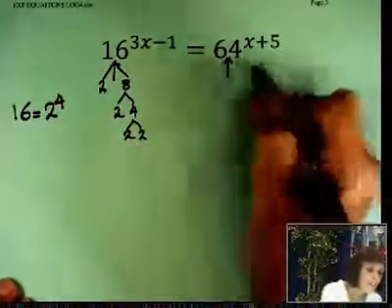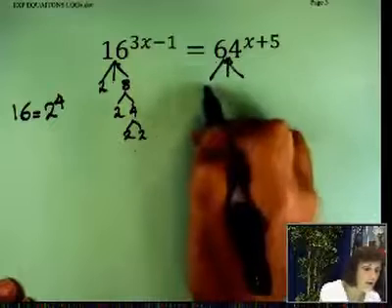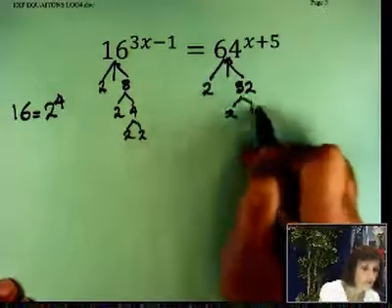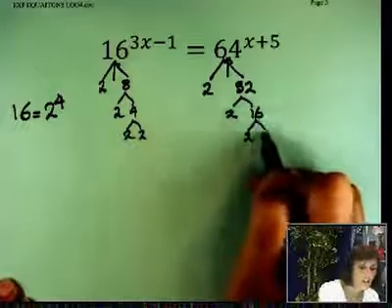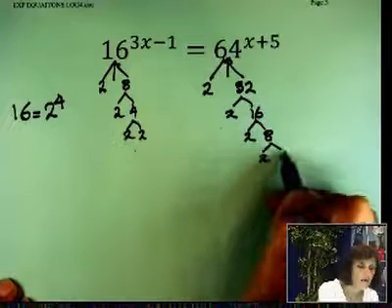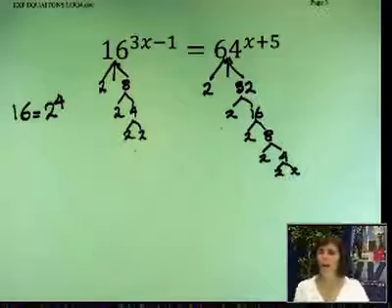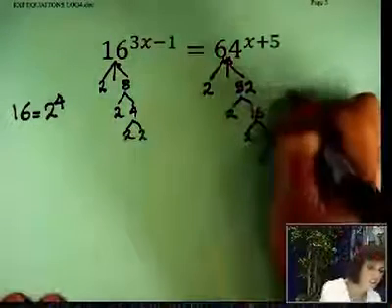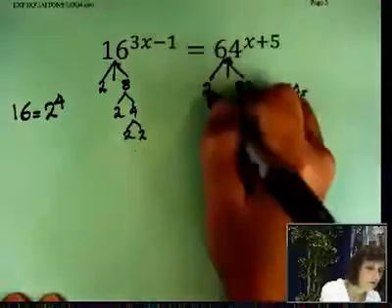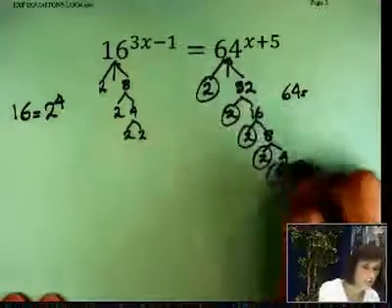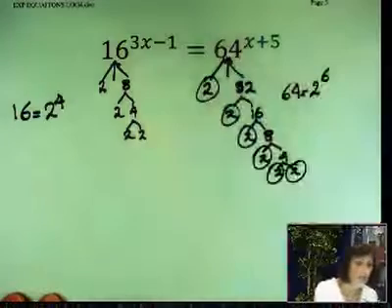All right, let's prime factor 64 as well. 2 and 32. 2 and 16. 2 and 8. 2 and 4. 2 and 2. All right, now let's go count. 64 is 2 to the sixth power.